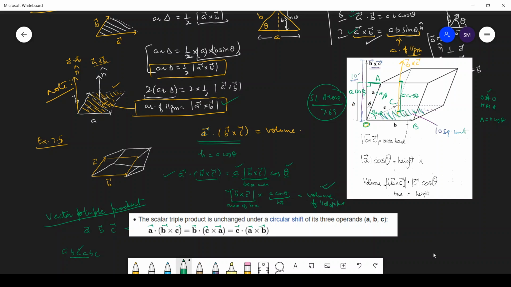This is not the vector one, this is scalar triple product, because we are getting the volume as a scalar quantity. That is why we call this dot product or scalar product, because we get a scalar as the resultant. Here, cross product or vector product A cross B, because we get a vector as the resultant.